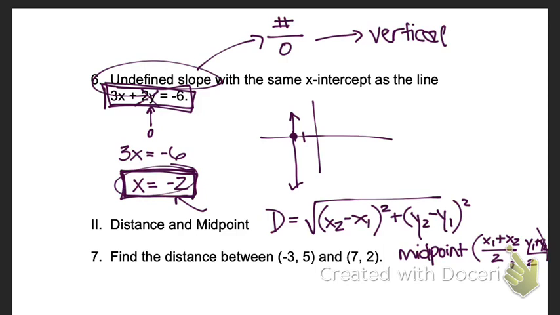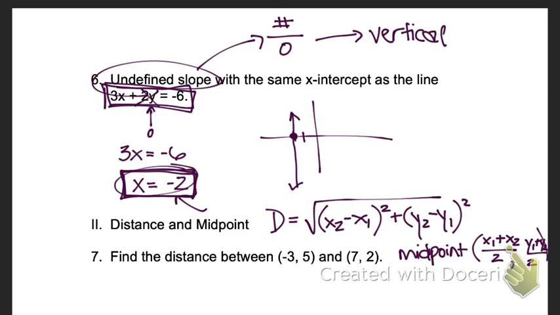For the midpoint, you're finding the midway between the two x's and the midway between the two y's. All you're really doing is adding two numbers and dividing by 2. What confuses some people about the midpoint is that you are getting a point back out, an x and a y. So there's two parts to your midpoint answer, an x and a y value. Distance, you're typically going to end with a square root for this one.